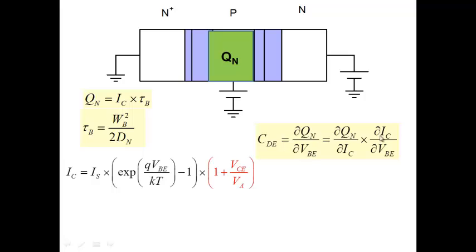This we know is transconductance, the change in collector current with change in base emitter voltage. And del QN by del IC is nothing but tau B. Therefore, we obtain CDE, the diffusion capacitance, equal to tau B times qIC by kT, which is equal to gm tau B. Diffusion capacitance is equal to transconductance multiplied by base transit time.